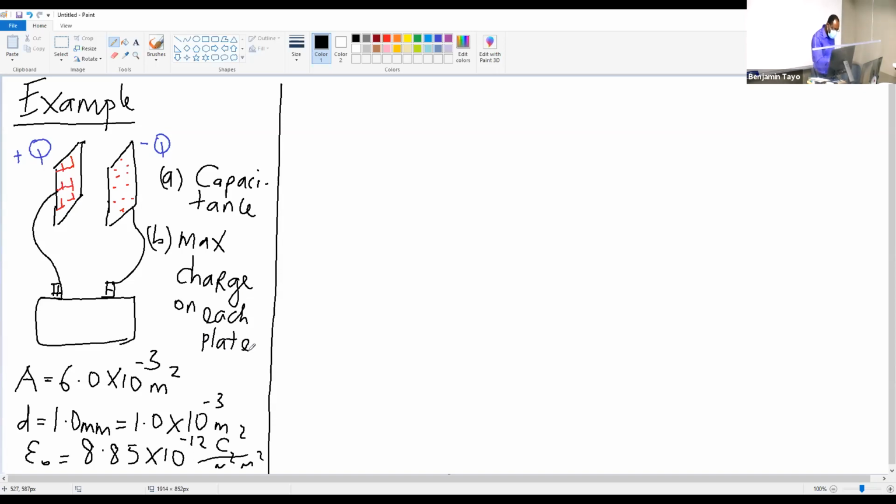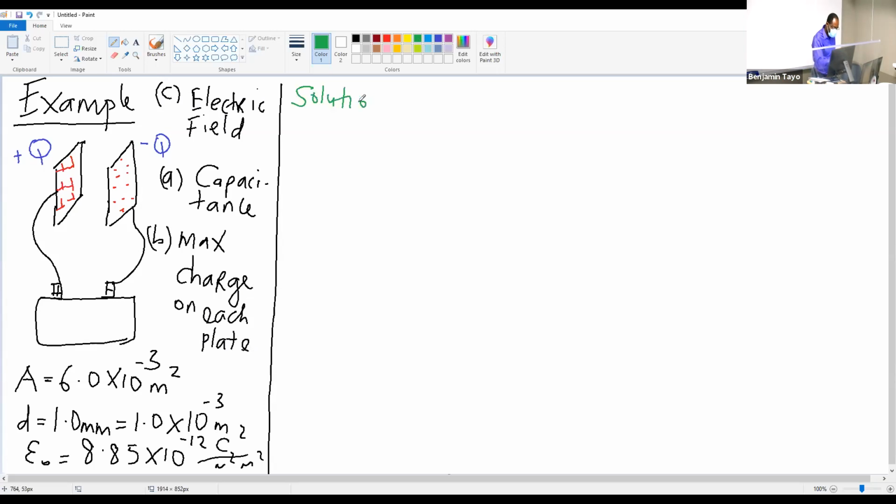And then part C, I want to calculate the magnitude of the electric field between the plates. So let's look at the solution here.